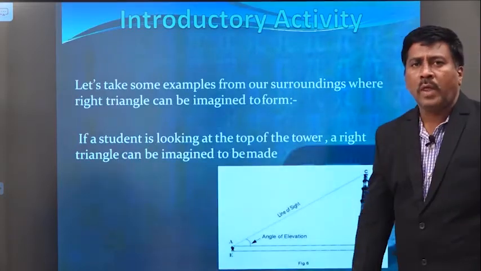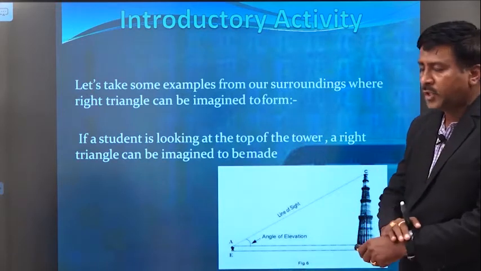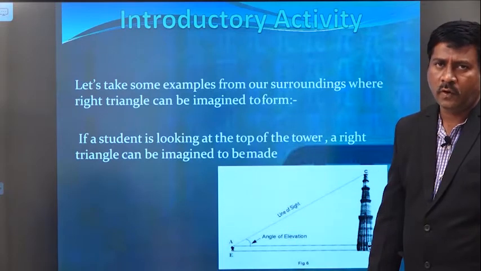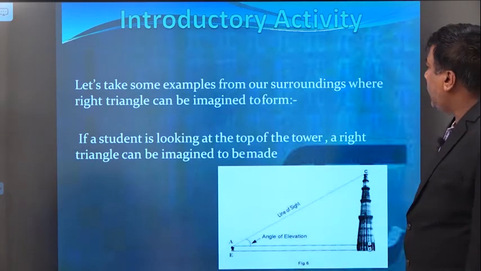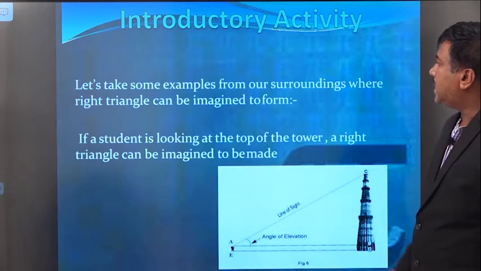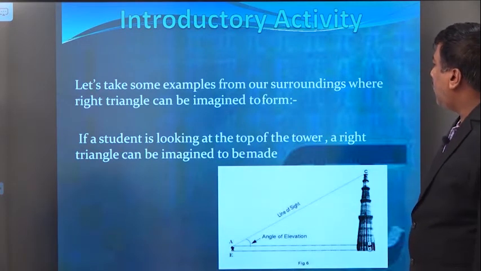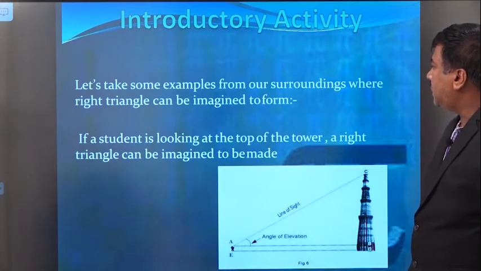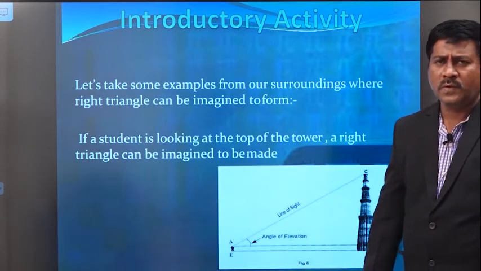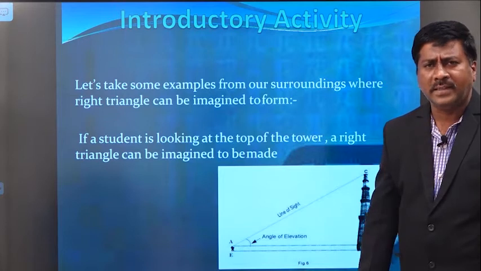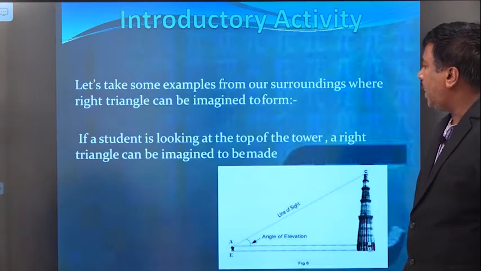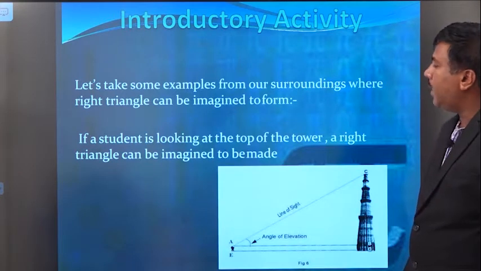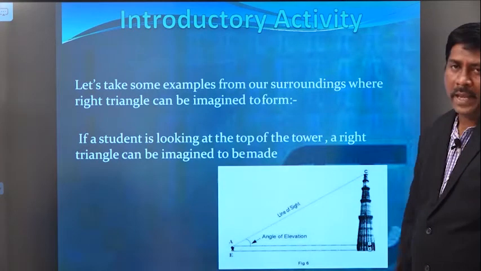Now, before going to the actual subject of trigonometry, where is this trigonometry useful? Introductory activity: let us take some examples from our surroundings where right angles can be imagined to form. Whatever we see in daily life examples, if a student is looking at the top of a tower, a right triangle can be imagined to be made.